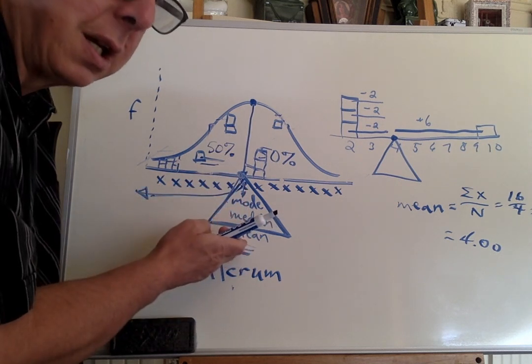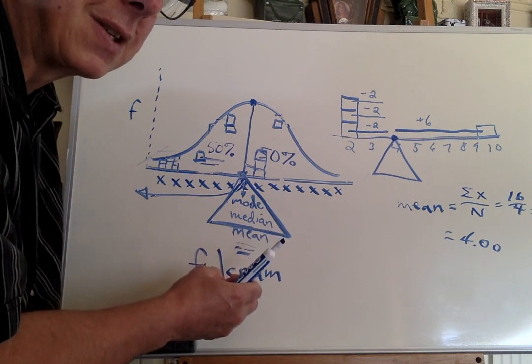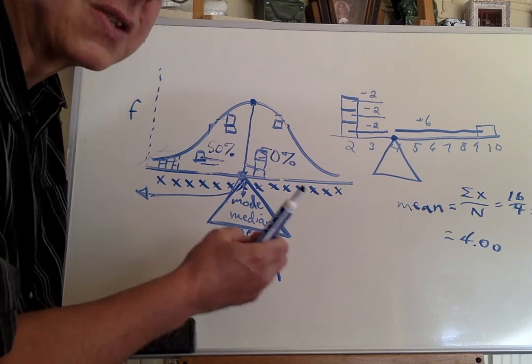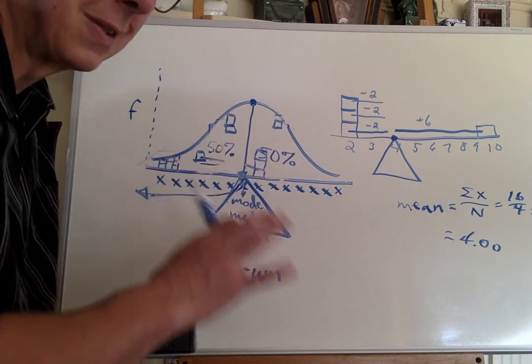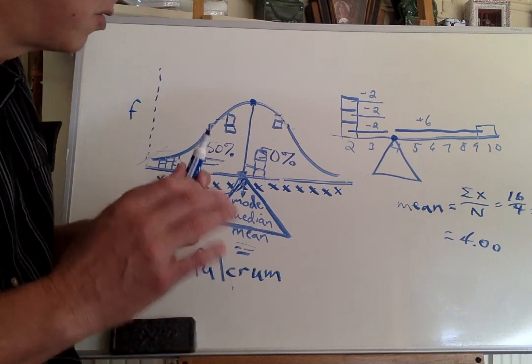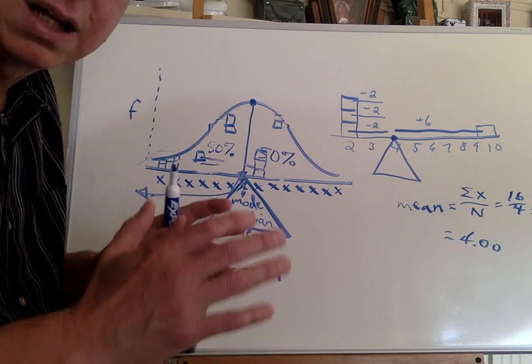The mean is the fulcrum. It's the balance point, but it balances the deviations. It doesn't necessarily balance the blocks. It does in this case. That's a coincidence, okay?